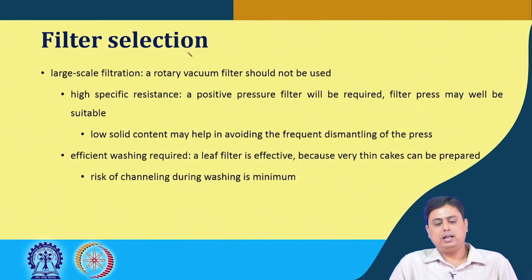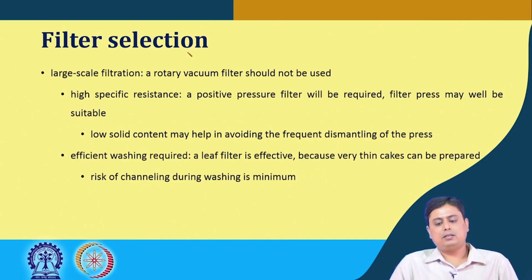It should not be used in a couple of cases, and those are when there is very high specific resistance. There a positive pressure filter should be used, because it has to overcome that high specific resistance for the flow, and in a rotary vacuum filter there is a low pressure differential.